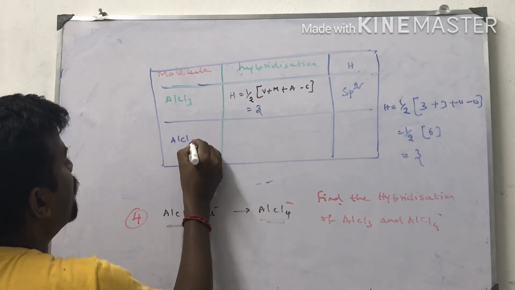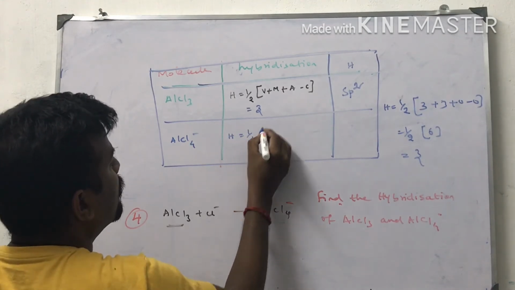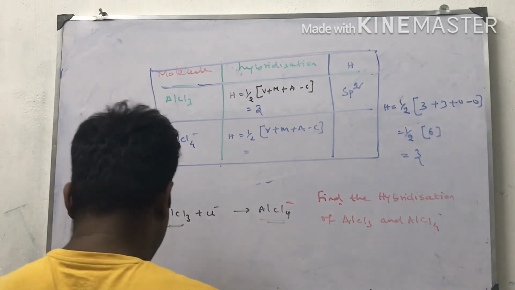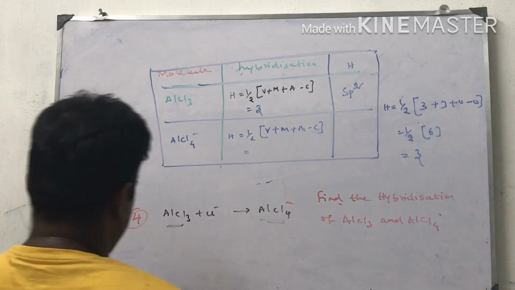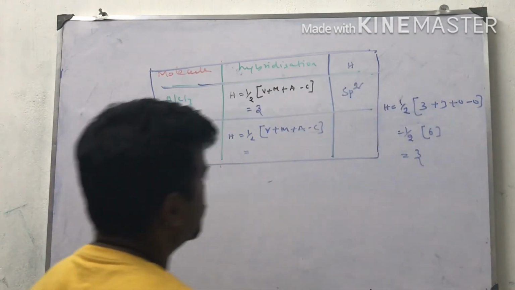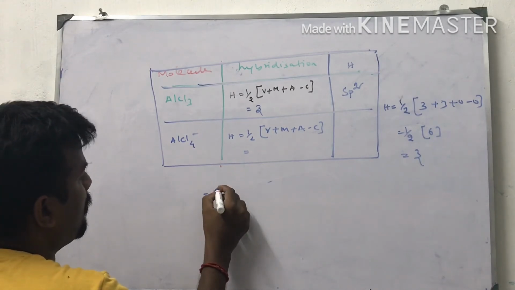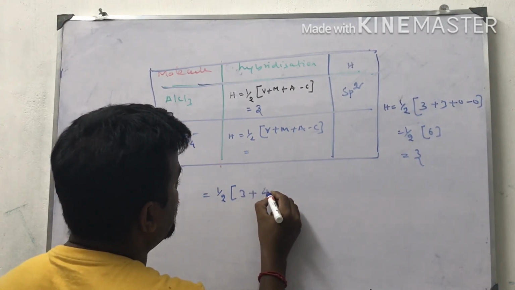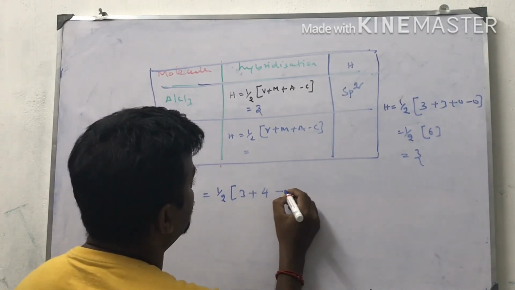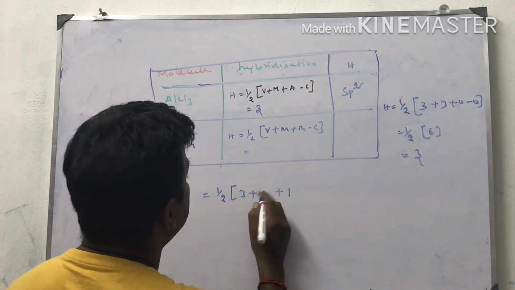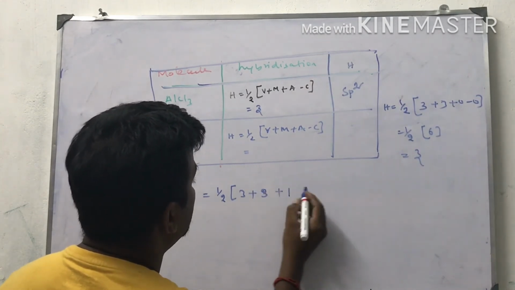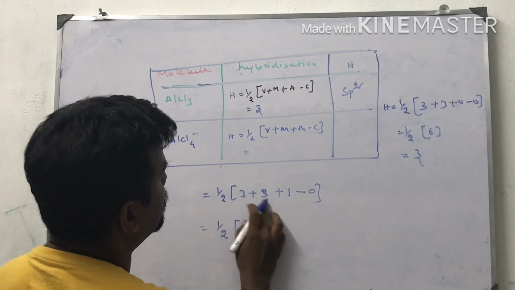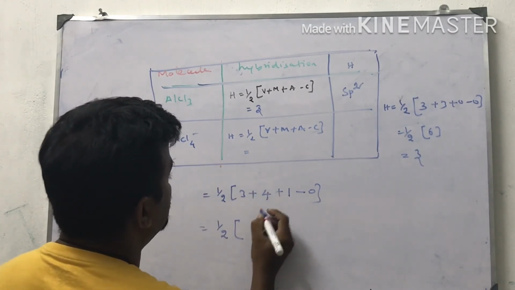Next, in case of AlCl4 minus, H is equal to half into V plus M plus A minus C. Valency of aluminum is the same, 3, plus 4 surrounding atoms, plus 1 for the negative charge, and cation nothing.